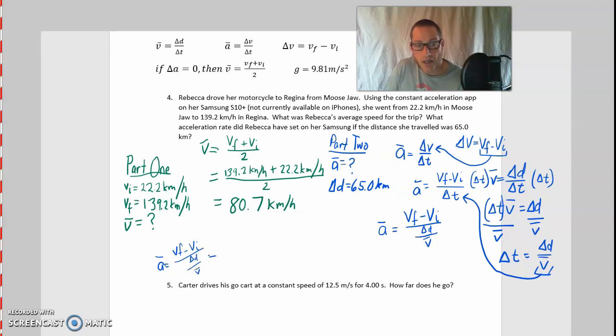Okay, and that equals, got a little bit angled there, that equals 139.2 kilometers per hour minus 22.2 kilometers per hour, all of that divided by 65 kilometers divided by 80.7 kilometers per hour. Okay, so you can divide that all out.